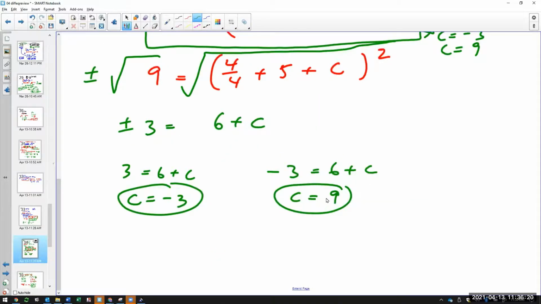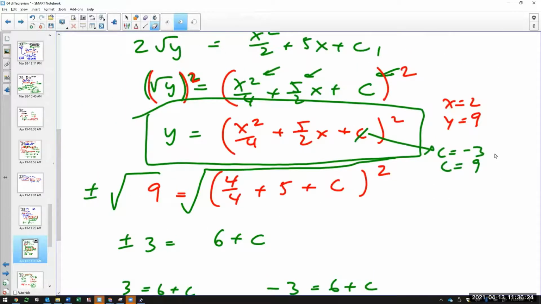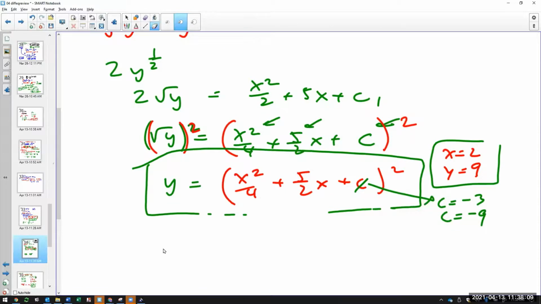Thanks. Okay, so 9 is equal to, the x here is 2. You're right. So it should be 2 squared over 4 plus 5 halves times 2. Oh, that's much better. Okay.